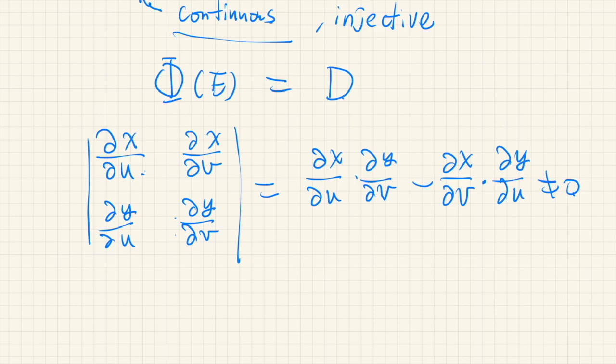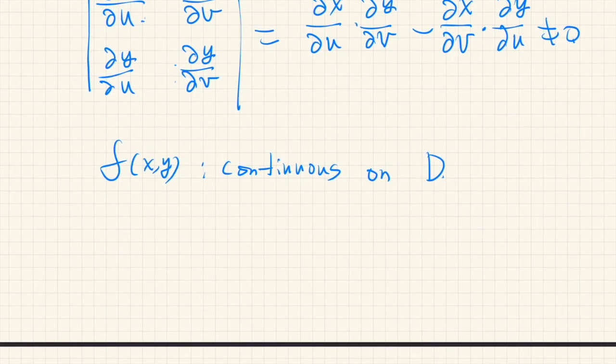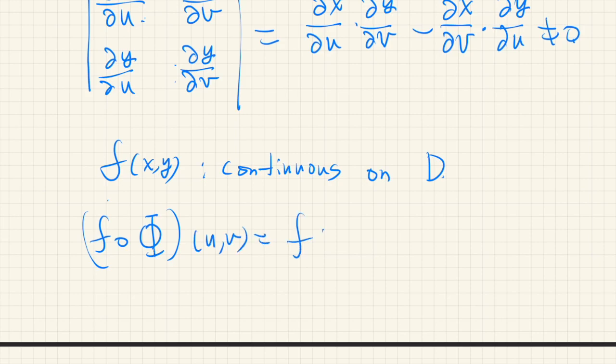Now, if we have a function f of x and y which is continuous on the region D, then we can compose f and phi. So f after phi of (u, v) is f of x(u, v) and y(u, v).